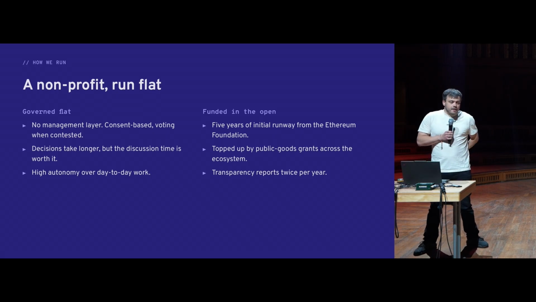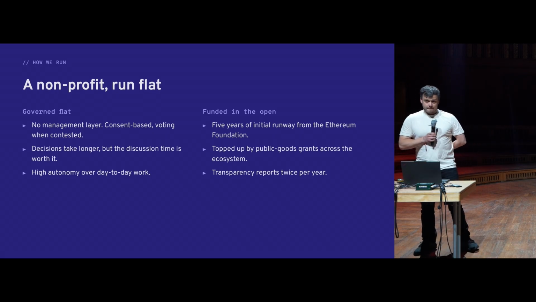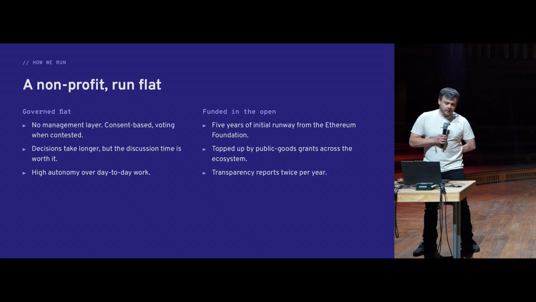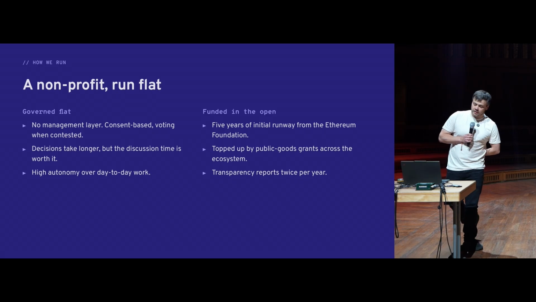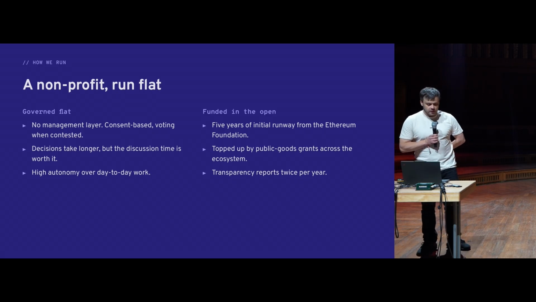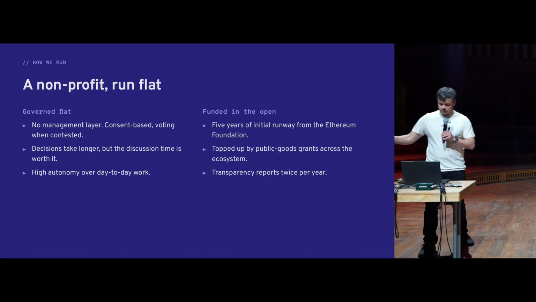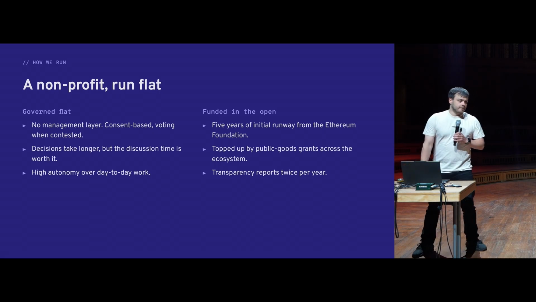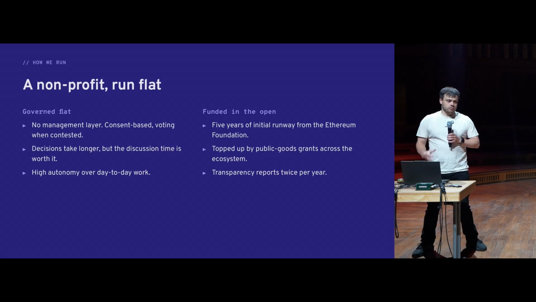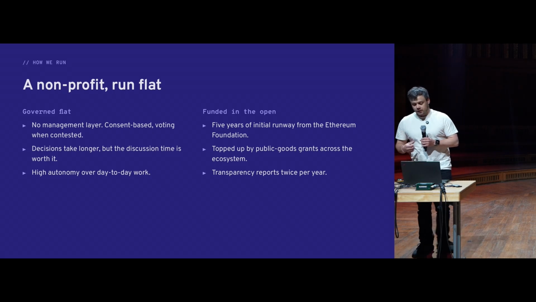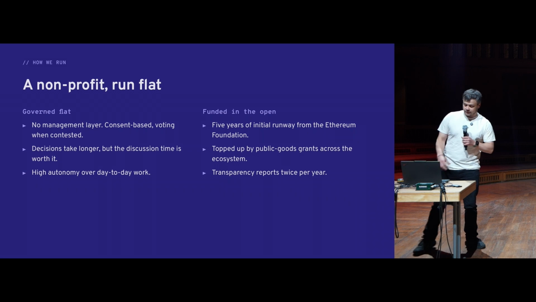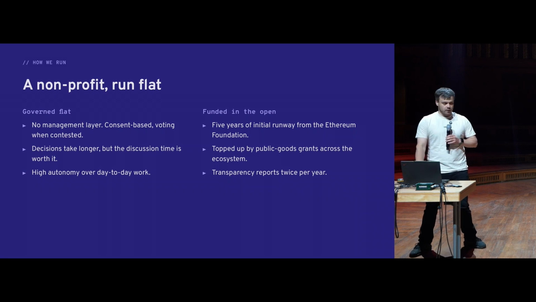And it means decisions take longer, but from my 4 months here, it feels like we often land on the best decisions because we take the time to discuss it and listen to different points of view instead of just one person that feels strongly for something making a decision. And also there's a very high autonomy of the day-to-day work, which I think empowers people to get stuff done and take initiative.